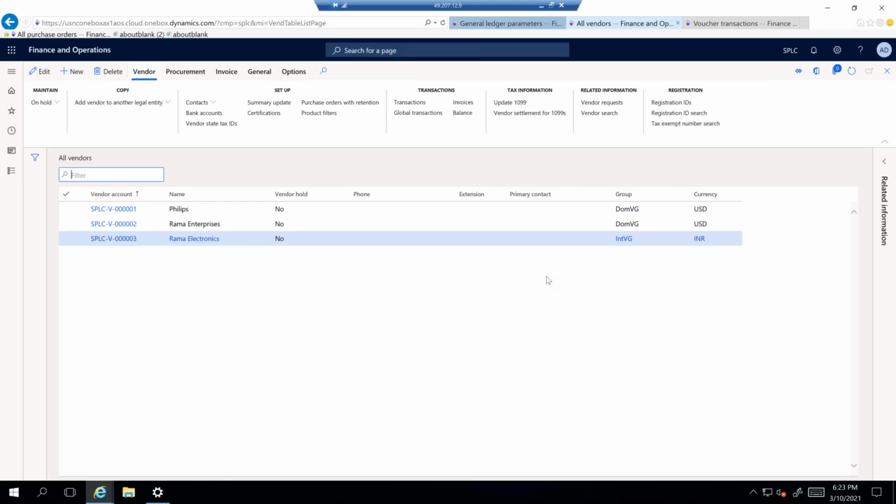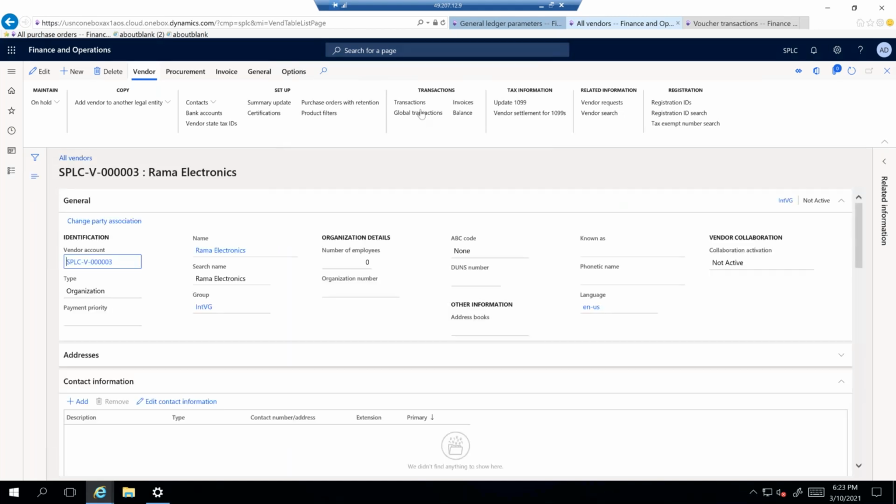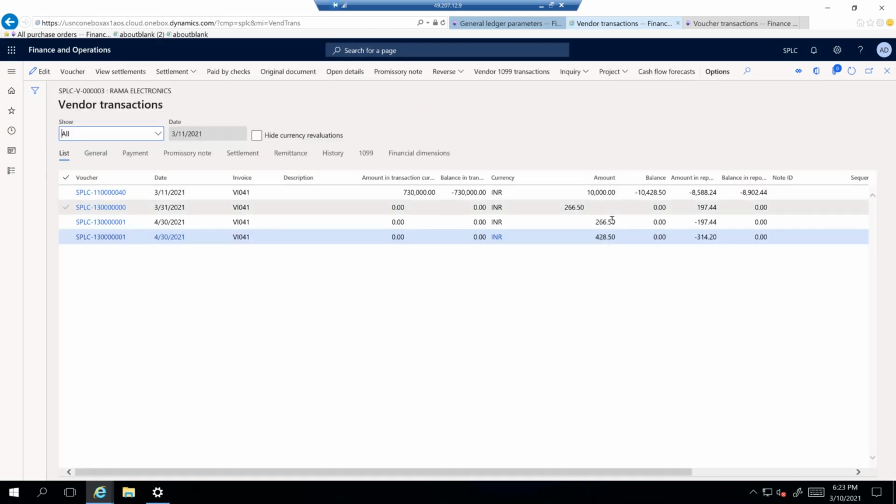So in this vendor, already posted transactions, whatever was posted earlier, will be reversed. And now the new exchange rate, original transaction versus current exchange rate, whatever difference is there, will be posted.